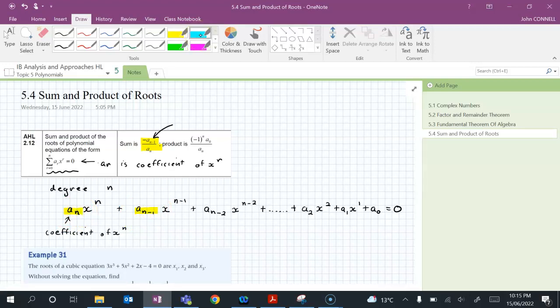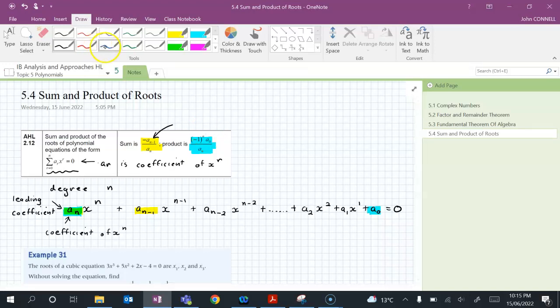And then for the product, it's a_0, so it's this one here, divided by a_n, the leading coefficient. We call that the leading coefficient because it's the coefficient of the highest power of x. So we'll just write that there: leading coefficient. And in that case, we also have this factor of minus 1 when it's an odd degree.